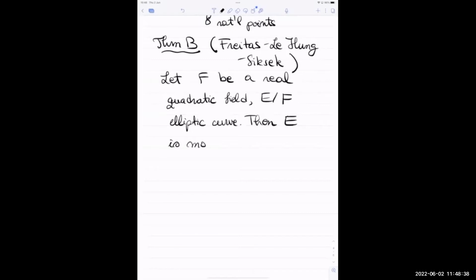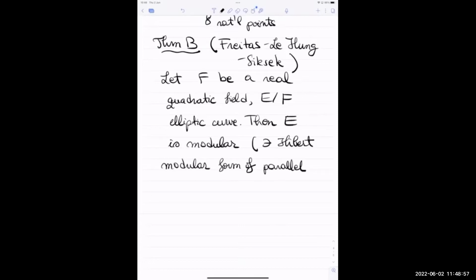And I won't say this precisely, but let me just mention: there exists a Hilbert modular form of parallel weight 2 with system of eigenvalues, basically something like this.